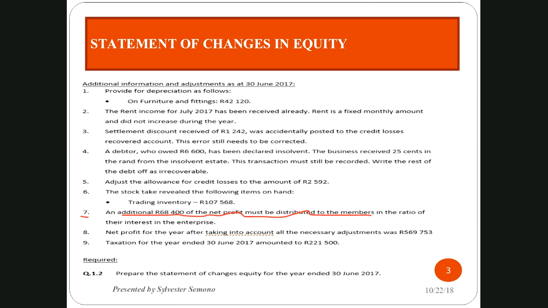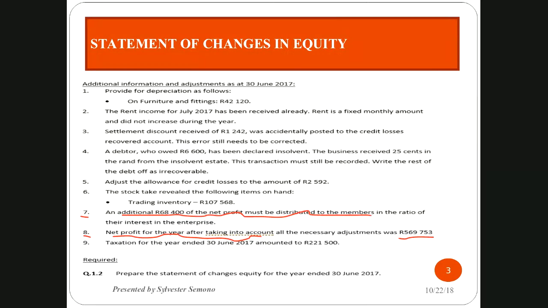Number 8 is all about the net profit for the year. This net profit for the year will need to be used because, as I said, the distribution to members is paid out of the profit. So this profit is important for us. It's the net profit which we made during the year. Sometimes we call it total comprehensive income for the year.